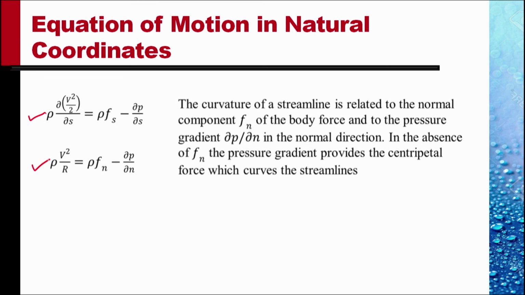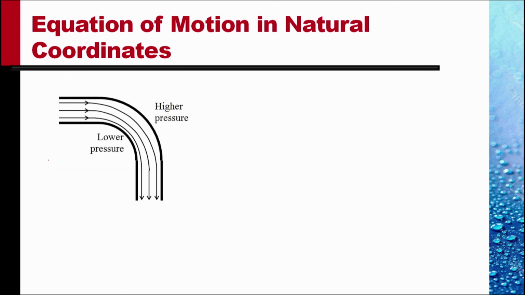The curvature of a streamline is related to the normal component Fn of the body force and to the pressure gradient del P by del N in the normal direction. In the absence of Fn, the body force, the pressure gradient provides a centripetal force which curves the streamline. So consider the flow through this elbow.